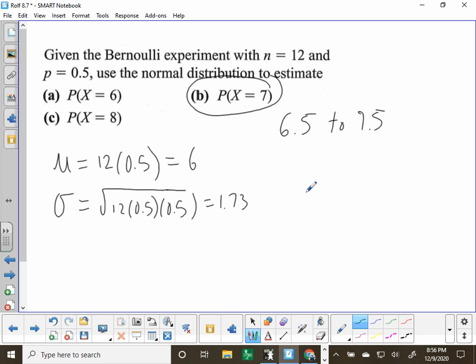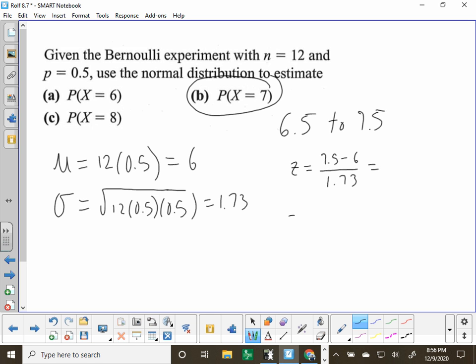So let's see. We have to figure out the z-score here. So the z-score for 7.5 would be 7.5 minus 6 over 1.73. That's going to be my z-score for 7.5.